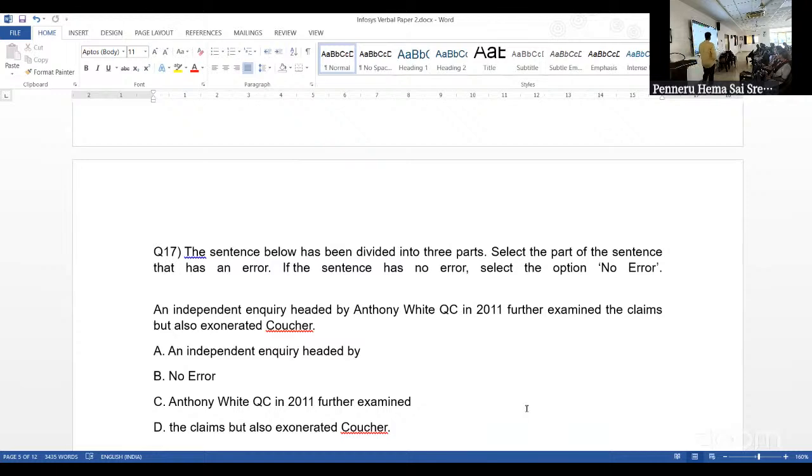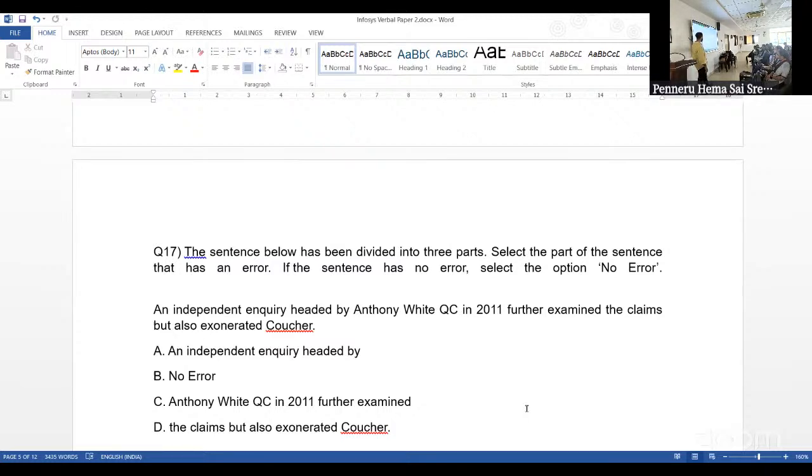Why do you want to make it present tense? You changed your answer. So here there should be a comma. Further examined the claims, but also exonerated.